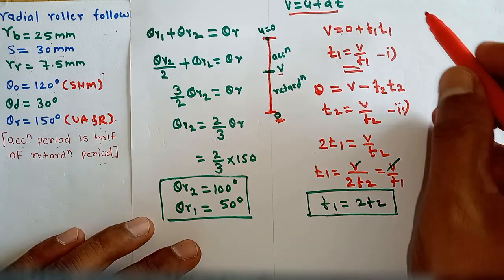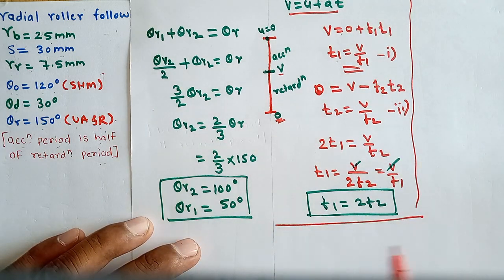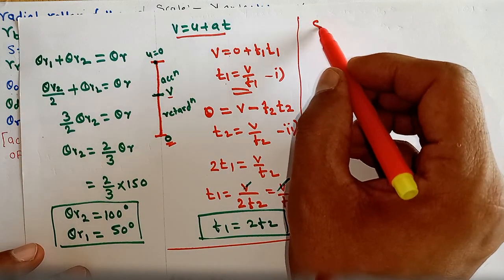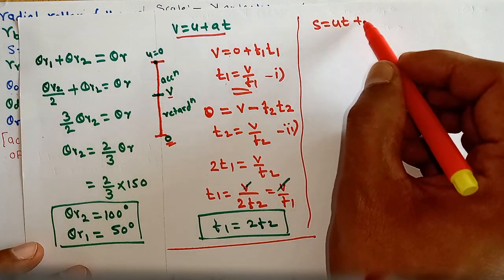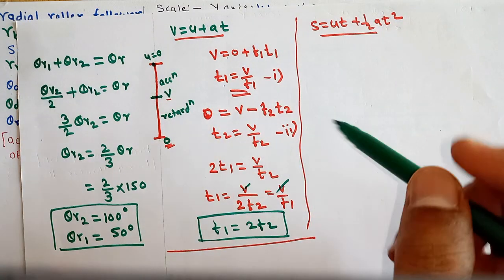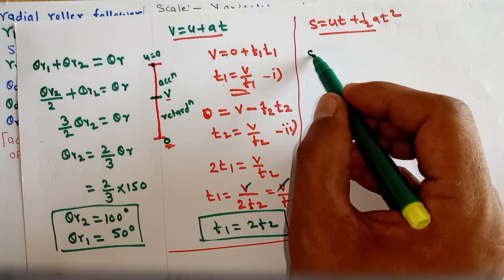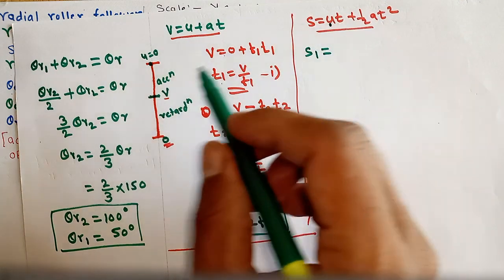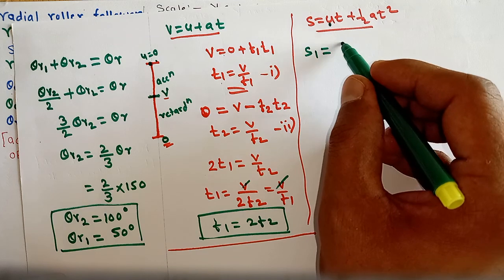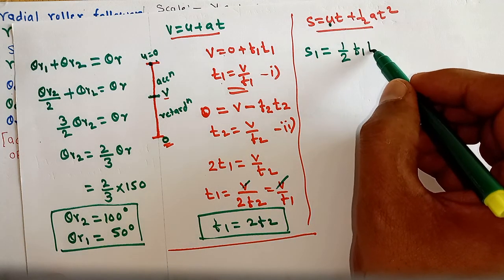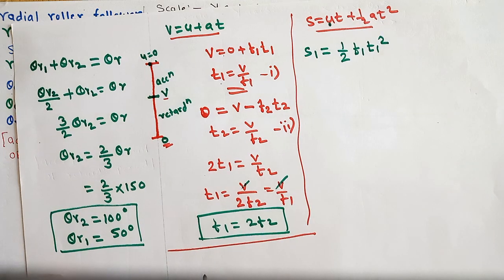Now to find out the displacement, we'll use the equation S is equal to ut plus half at square. So during acceleration, say displacement of follower is S1, which is equal to initial velocity 0 during acceleration period, plus half acceleration times t square.